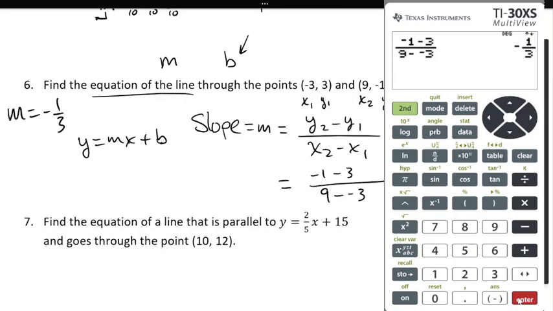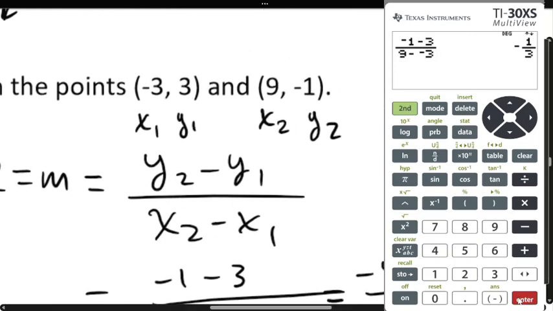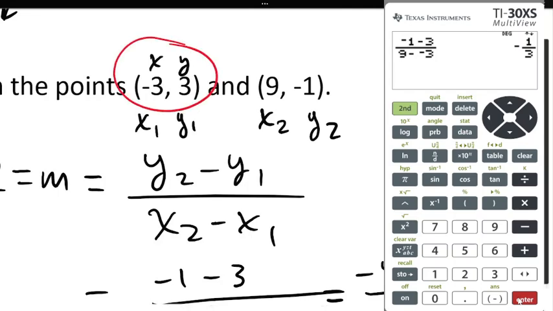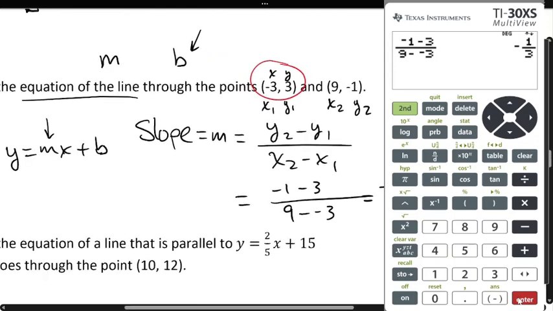And in the case that I know my slope, I know this value, but I also know some x and y values. So if you look closely, I know an x value and a y value, and I'm going to use this x value and y value in order to figure out what my y-intercept is.